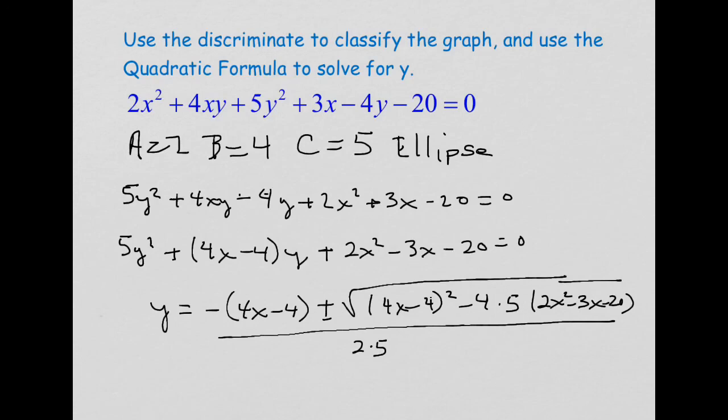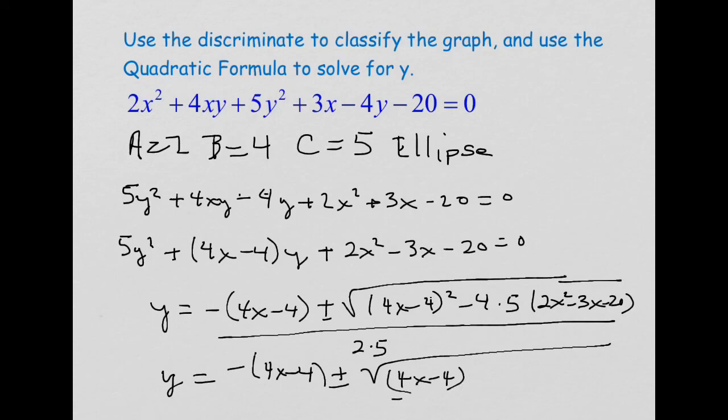And the only thing we need to simplify is the 4 times 5, so that's y equals negative (4x minus 4) plus or minus the square root of (4x minus 4) squared minus 20 times (2x squared plus 3x minus 20), all over 10.